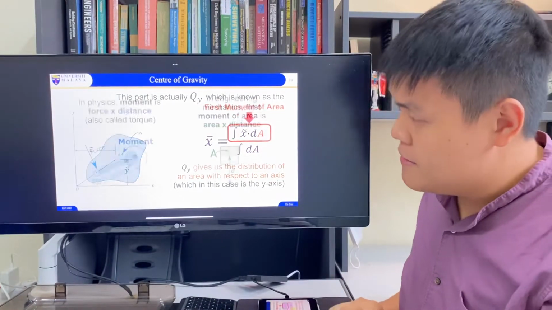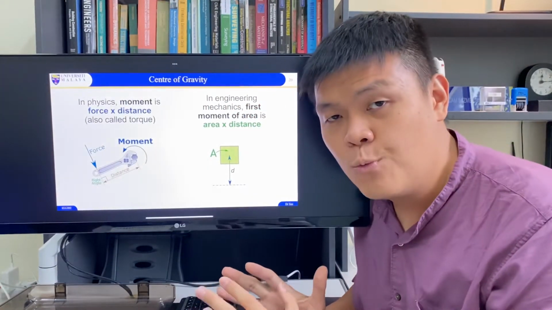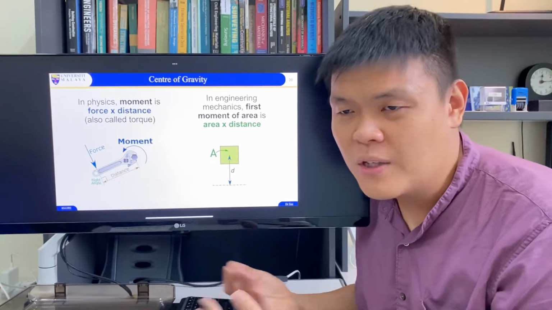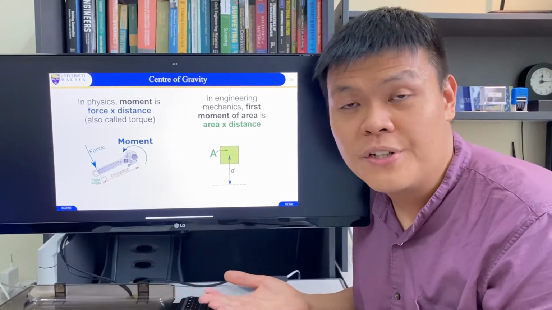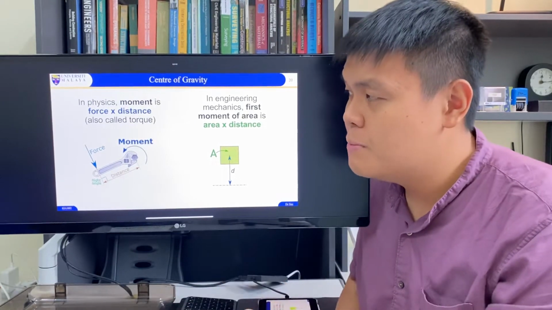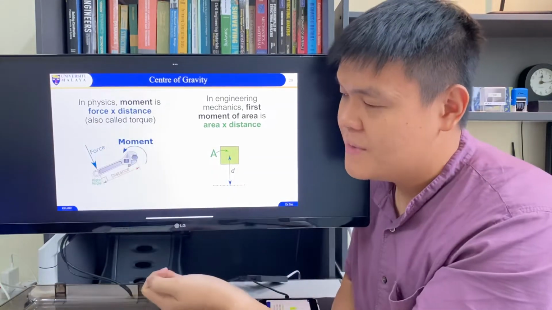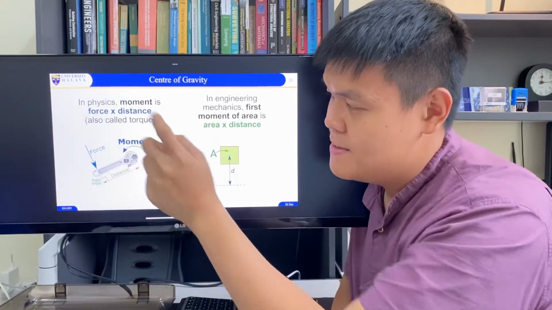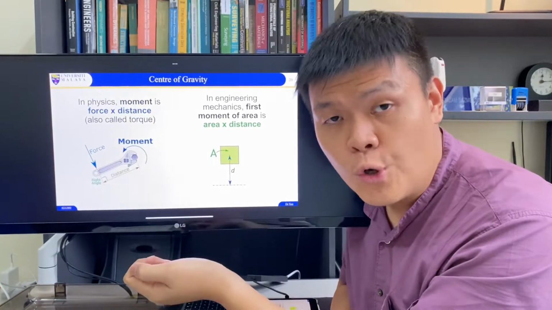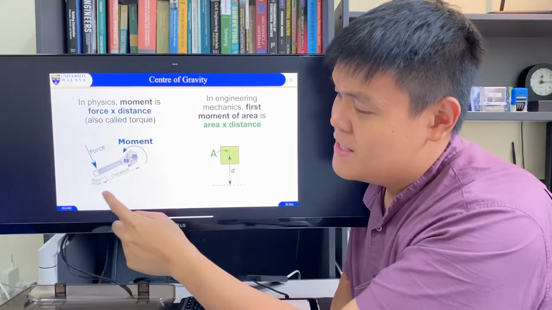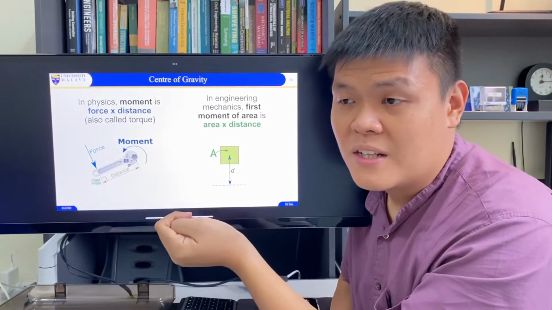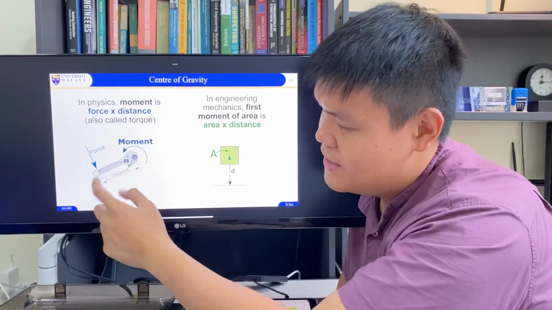Okay, so let's try to understand what is a first moment of area. What does that word mean? When we talk about moment in physics here, the formula is force times distance. We also call this torque, and this is a demonstration of how moments are made. So you have a force here and a distance.